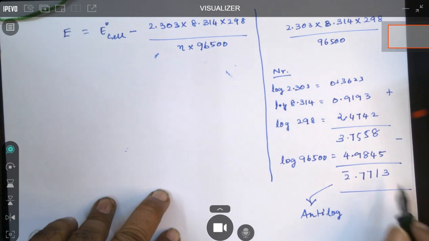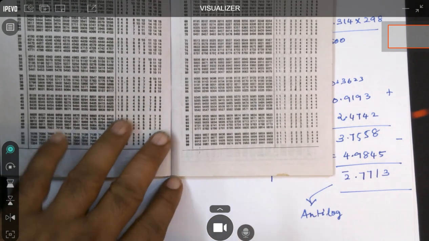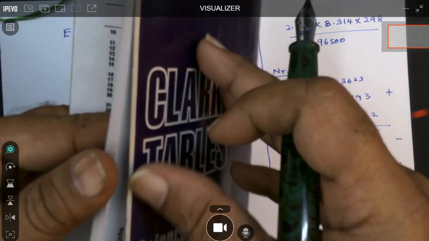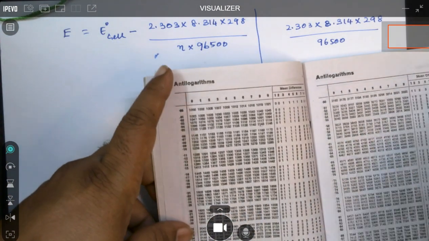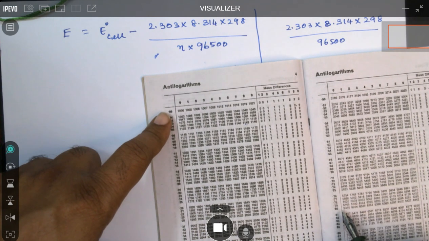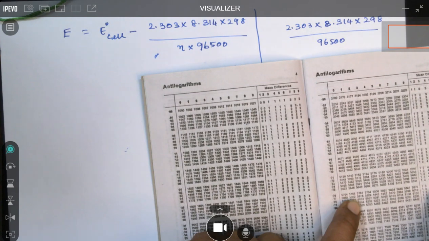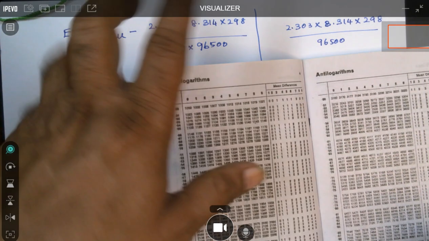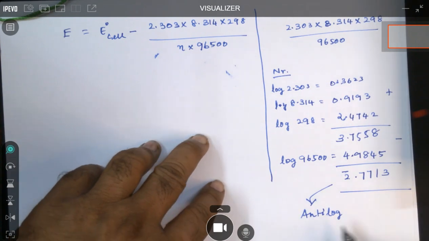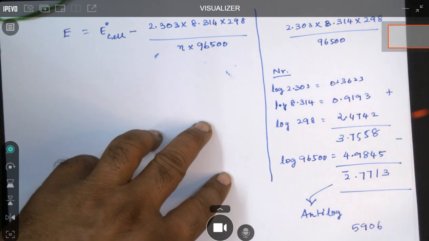Now 7713. So 7713 means take the antilog of 0.7713. 0.7713 means 5906. Okay.